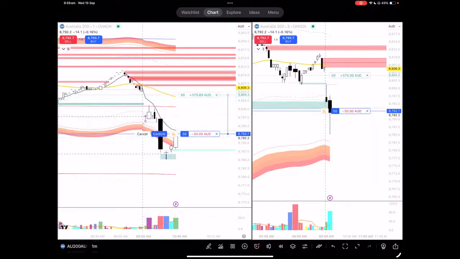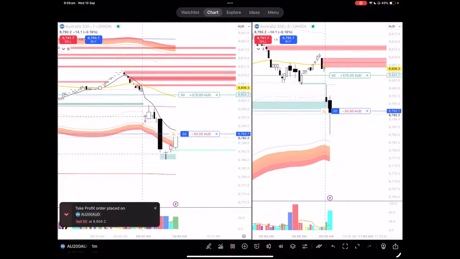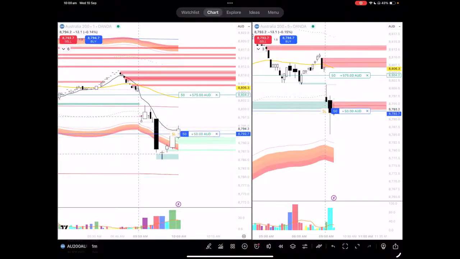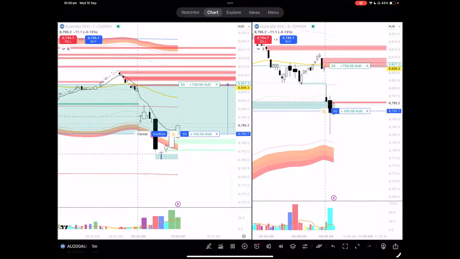That is around, confirm, around 10 pips. I would increase a bit to this area.